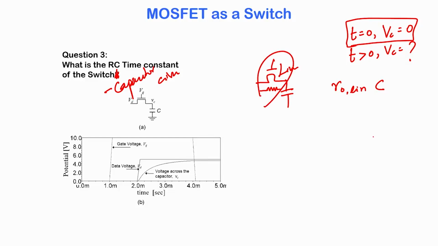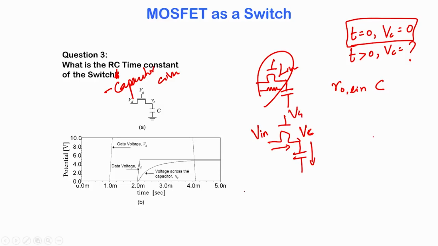Now, if somebody asks you what is the exact charging dynamics, so do not linearize it. How do we go about it? We simply equate the current through the MOSFET to the current in the capacitor, taking into account the non-linearities of the MOSFET. So, let us say that is the Vc, that is the input. What is the current through the MOSFET?